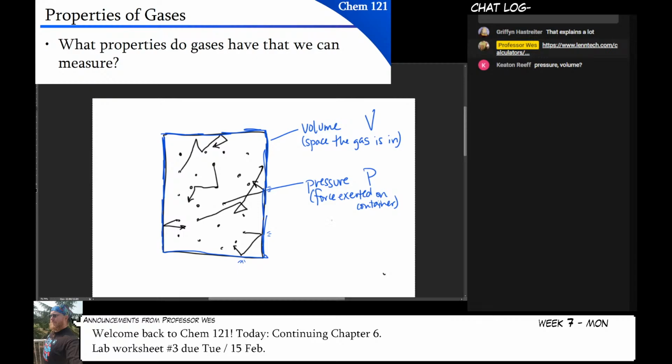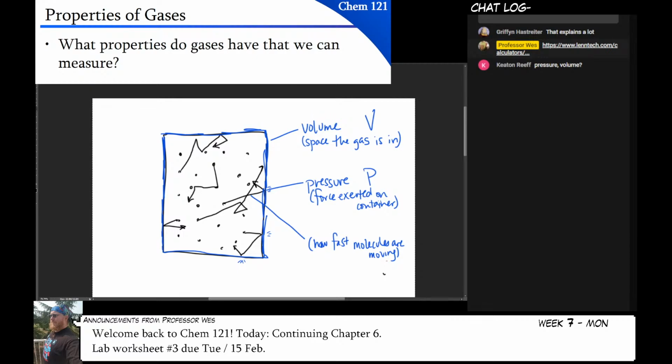Now, there are other things that we can measure. For instance, how fast the molecules are moving. If these were vehicles, we would use a speedometer.